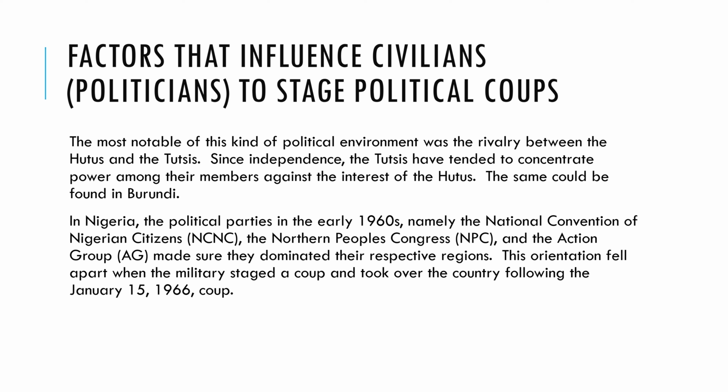In Nigeria, the political parties in the early 1960s, namely the National Convention of Nigerian Citizens, the Northern People's Congress, and the Action Group, made sure they dominated their respective regions. This orientation fell apart when the military staged a coup and took over the country on January 15, 1966.